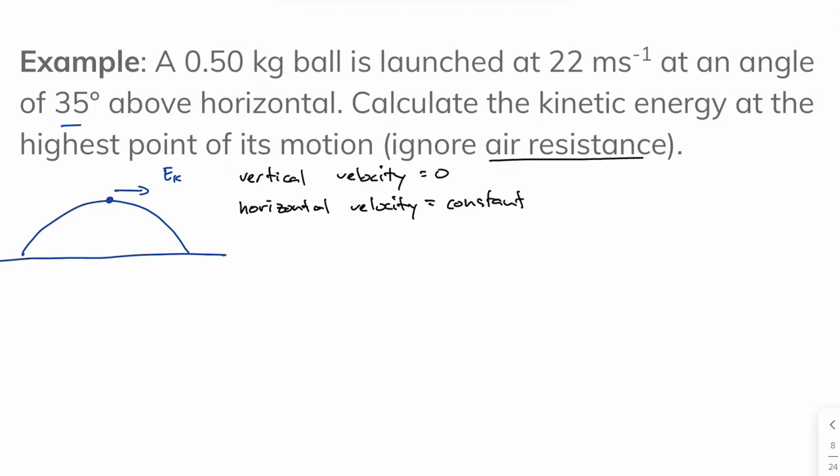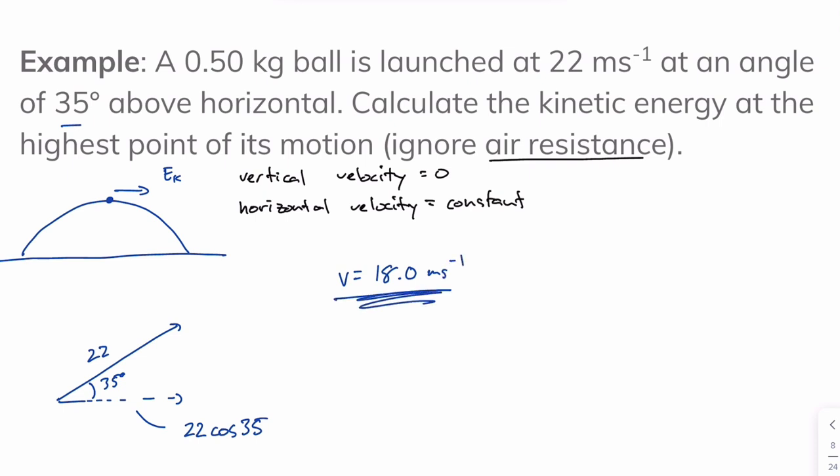So we have to take the initial velocity of 22 meters per second at 35 degrees and figure out what the horizontal velocity is, and then that will be the horizontal speed that we can use in our kinetic energy equation. If it's going initially 22 meters per second at an angle of 35 degrees, our horizontal velocity is going to be 22 cosine 35, which is 18.0 meters per second.